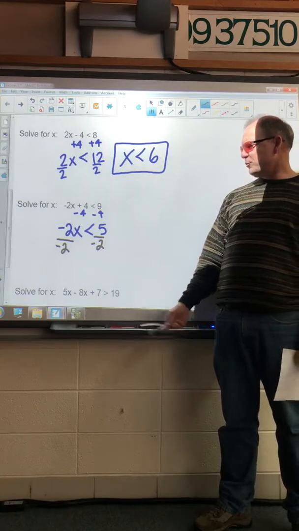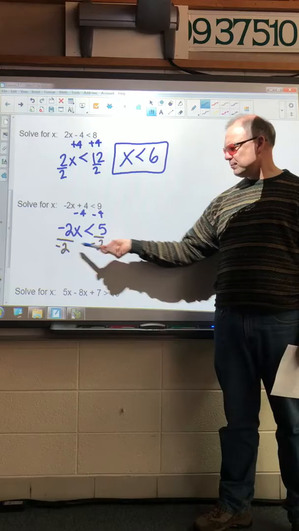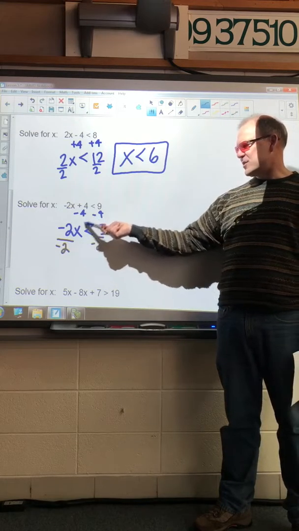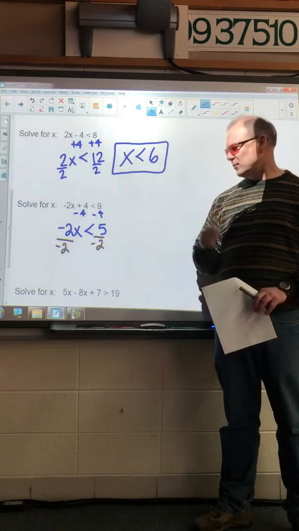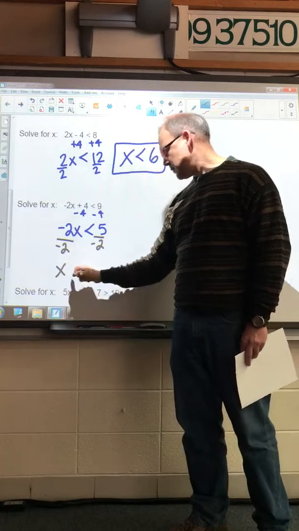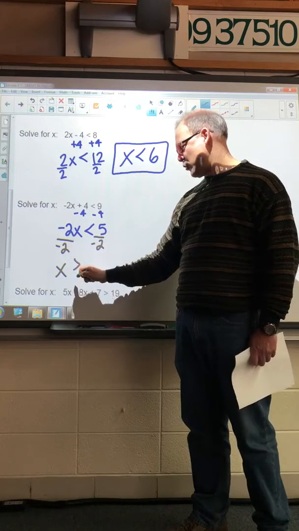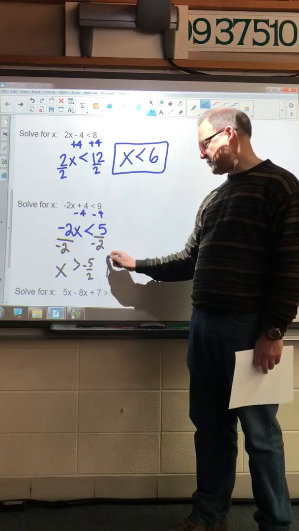So when you multiply or divide an inequality by a negative number, that causes our inequality sign to switch directions. So instead of less than, it's going to become greater than. And we can leave negative 5/2 as a fraction.